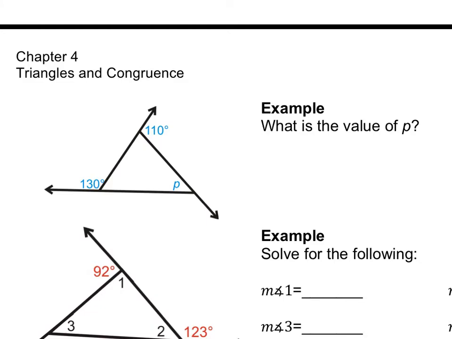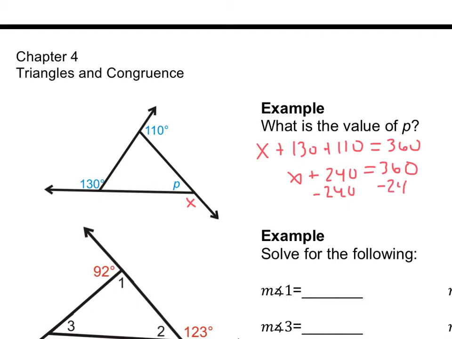So remember, all exterior angles sum to 360 degrees. Now, when I take a look at this particular picture, I'm going to put the x out there. Then I know x plus 130 plus 110 should equal 360 degrees. So x plus 240 equals 360. Subtract 240 from both sides.